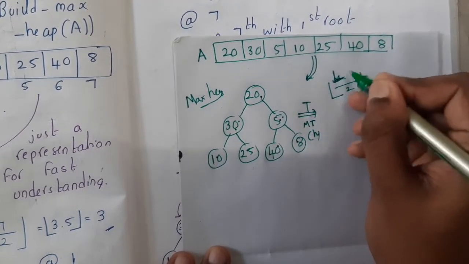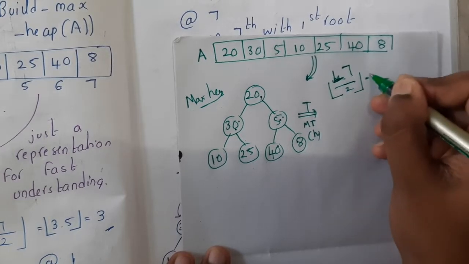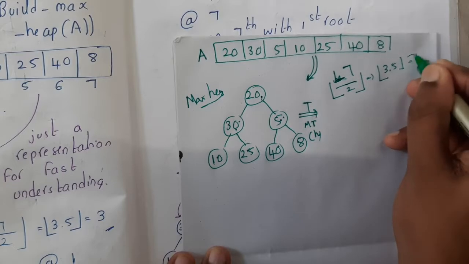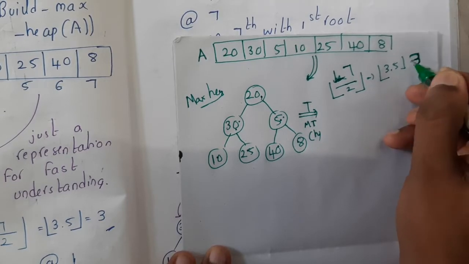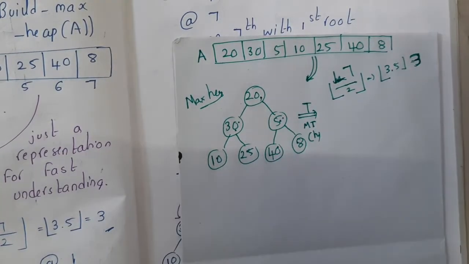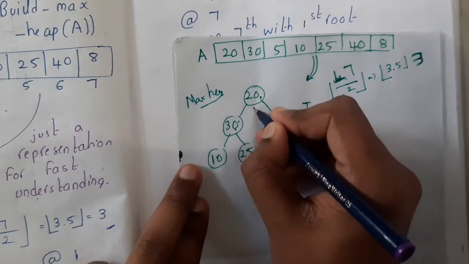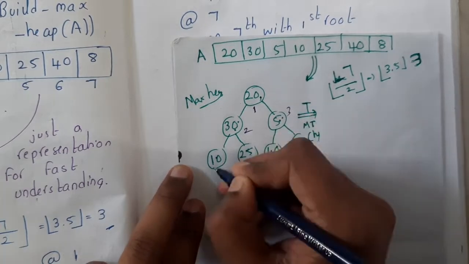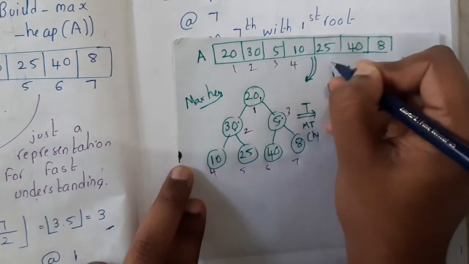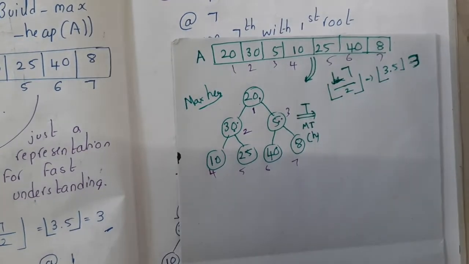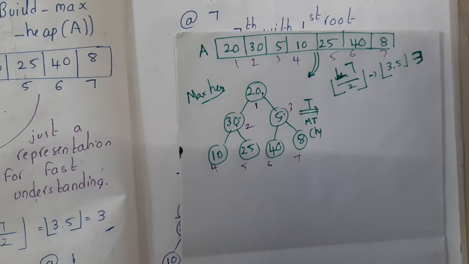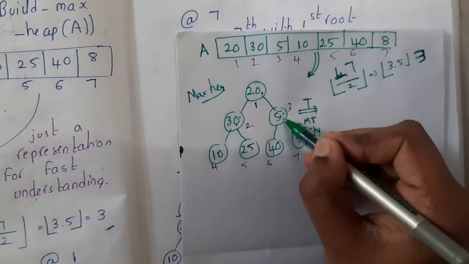So it is 7 by 2, the lower bound of 3.5, which is 3. If I write the spot numbers: first spot, second spot, third spot, fourth spot, fifth spot, sixth spot, seventh spot. So from the third spot you start checking whether it is a max heap or not.